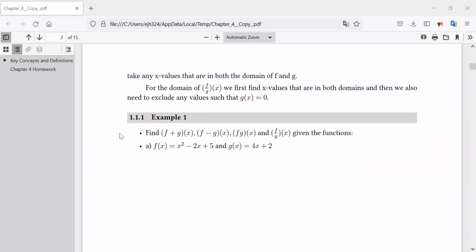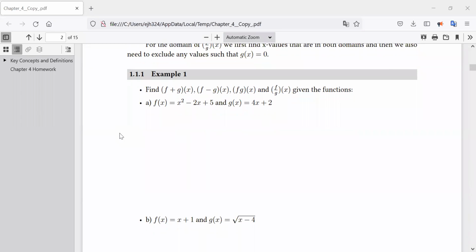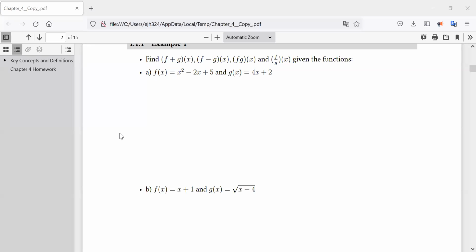So first, let's talk about adding and subtracting functions and multiplying, dividing them. So given this, what is f plus g of x, given these guys? Well, it's literally just going to be this plus this.